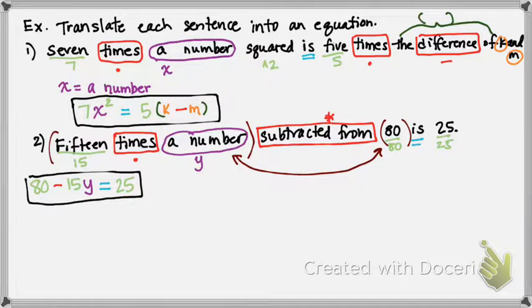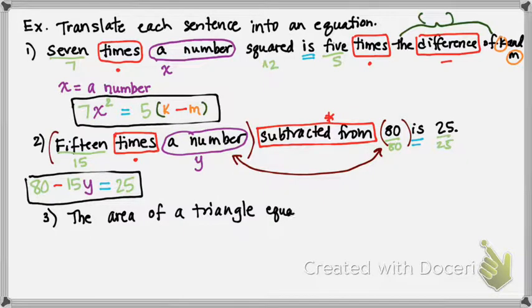Okay, so I'm going to do one more. And this one's going to make us write a little bit. So the area of a triangle equals the product of 1/2 the length of the base.